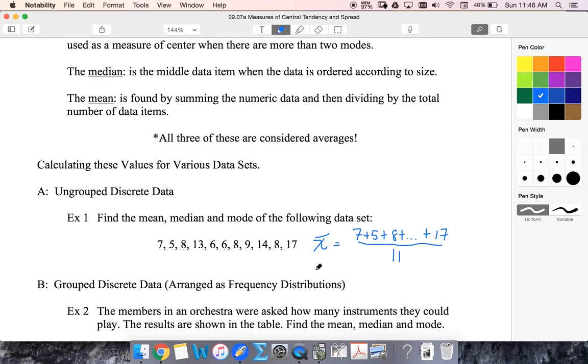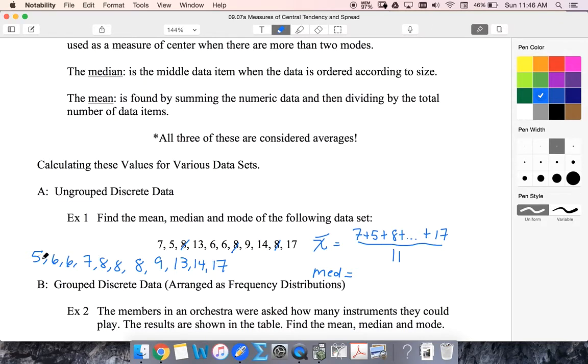The median happens when I put these numbers in order. So I see 5, 6, 6, 7, 8, 8, 8, 9, and then 13, 14, 17. That's 1, 2, 3, 4, 5, 6, 7, 8, 9, 10, 11, so I have all my data points.